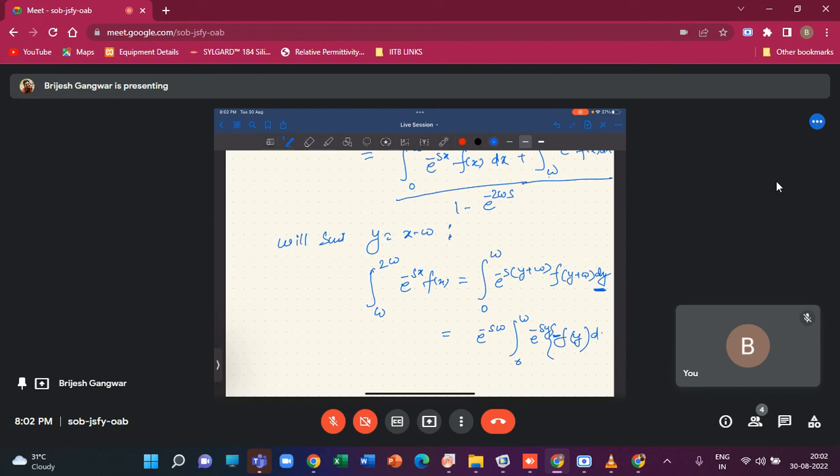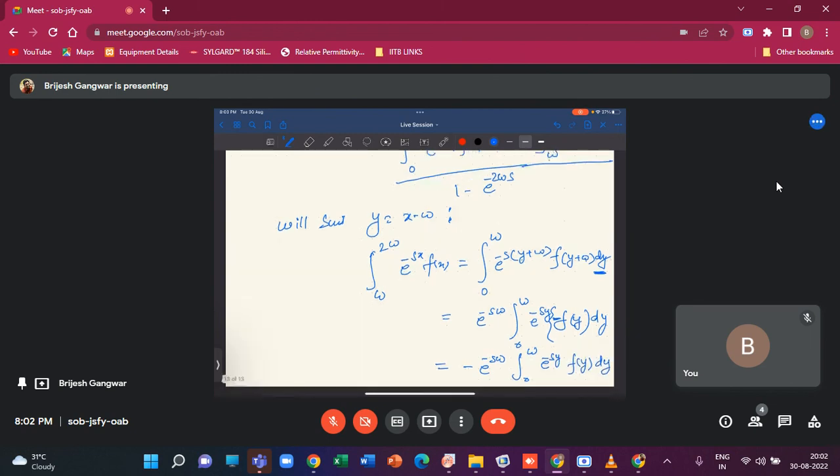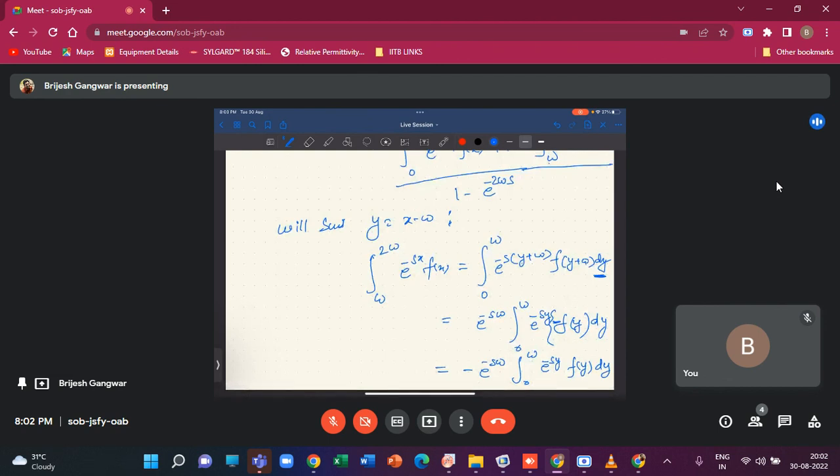And dy. So it will be minus e to the power minus s omega integration 0 to omega e to the power minus sy f of y dy. Now you can change y to x directly, right? This is just the transformation of variable.